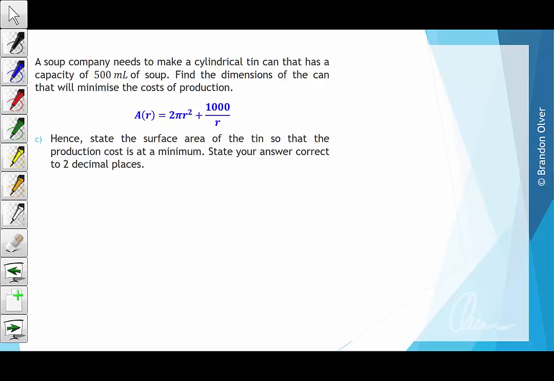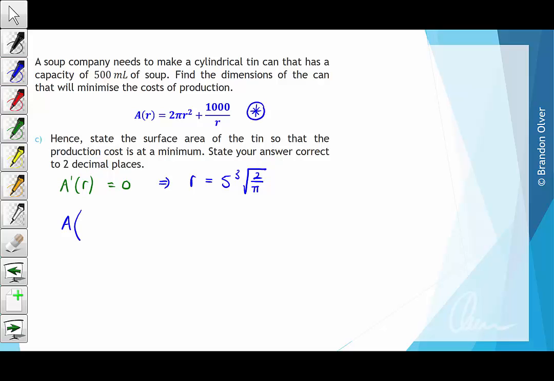Finally, we want to state the surface area of the tin so that the production cost is at a minimum. So previously we found that A dashed of r equals 0 gives r is equal to 5 times the cube root of 2 divided by pi. And then to find the area, we simply substitute that into the formula, which is back up here.